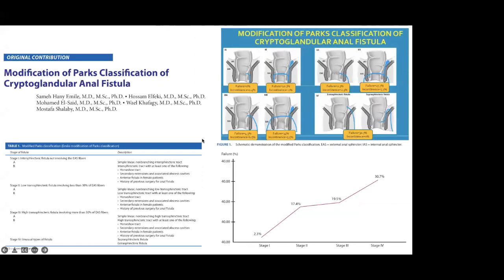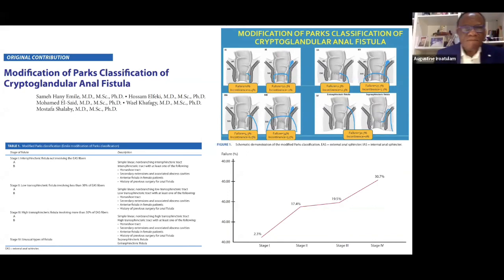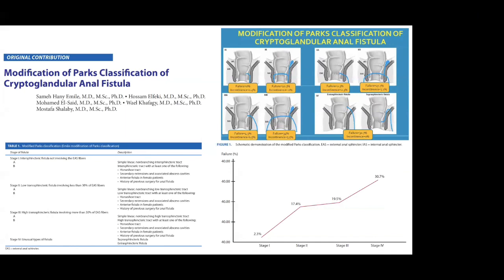Apart from the classification described by Parks, in the last few years a lot of authors described other types of classification in order to improve and standardize the outcomes. In surgery, we had some problems with classification because as surgeons, we are really simple, sometimes romantic people.